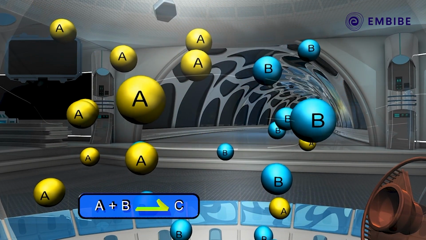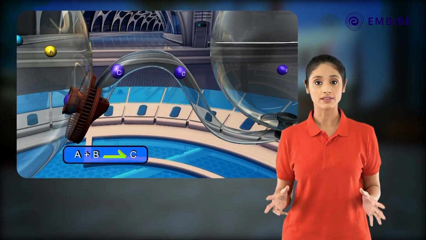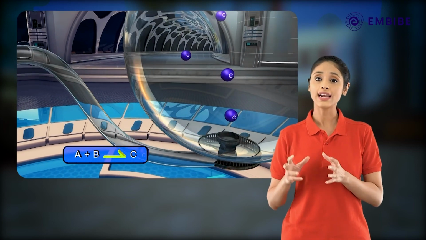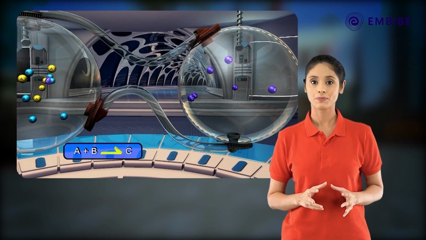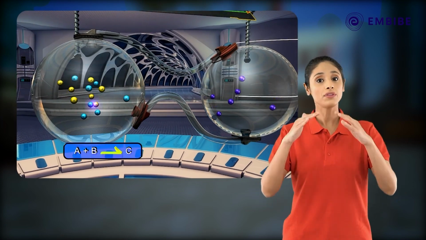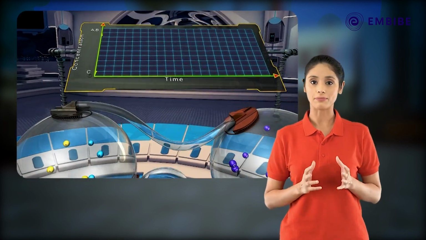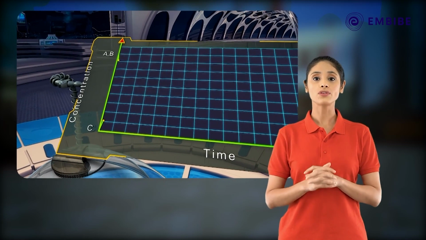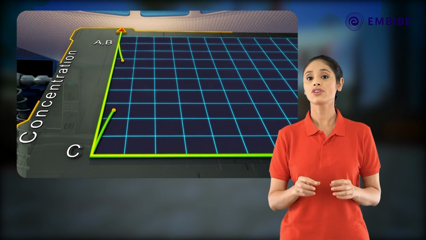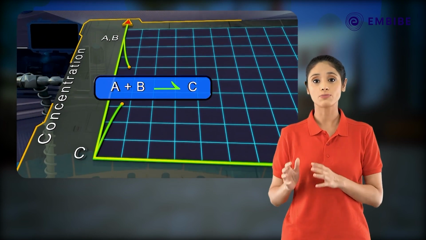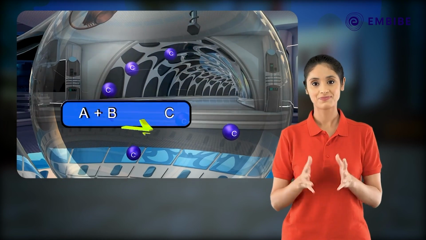A and B combine to form C. Initially, due to their large presence, the molecules of A and B collide with each other rapidly, forming C. When the molecules of C are on the rise, the molecules of A and B are getting used up. This can be seen in the concentration versus time graph for this reaction, in which the concentrations of A and B are falling, while that of C is rising.